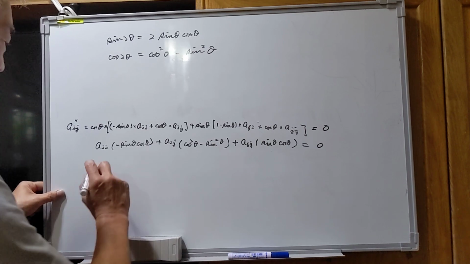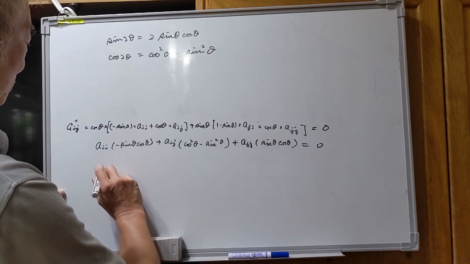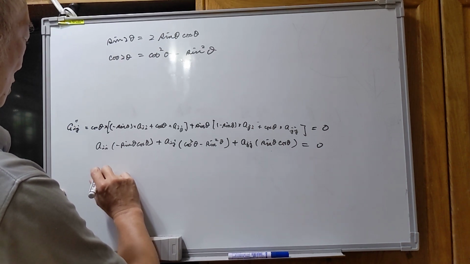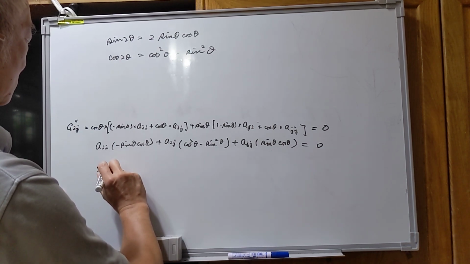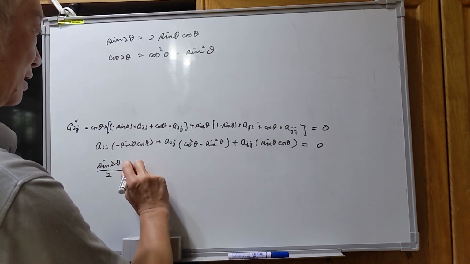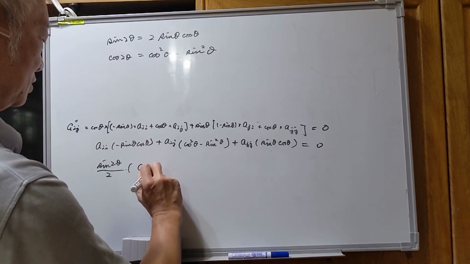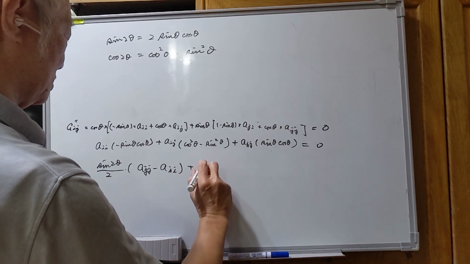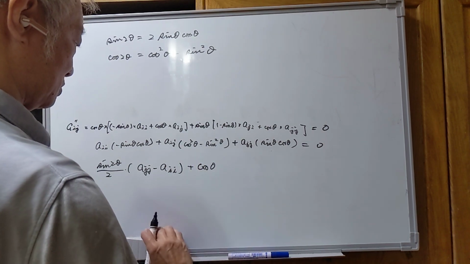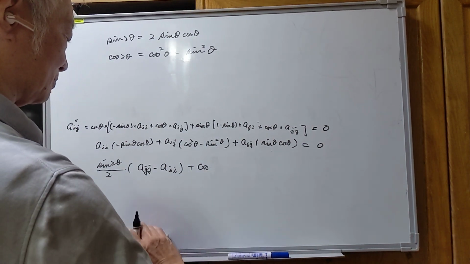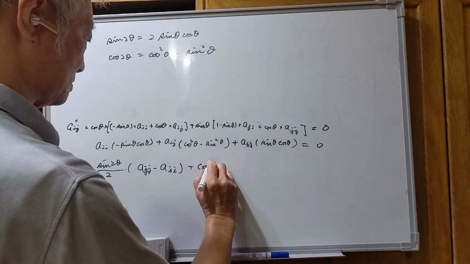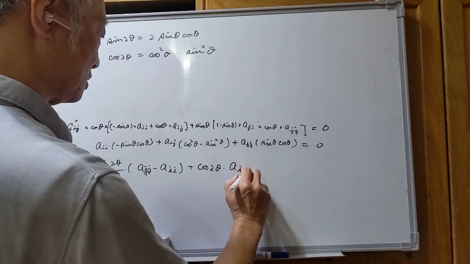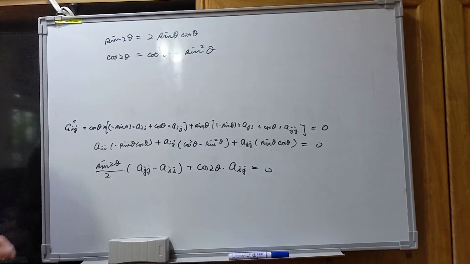And in this formula, which can be changed to 1/2 sine 2 theta times Ajj minus Aii plus cosine 2 theta times Aij equal to 0.